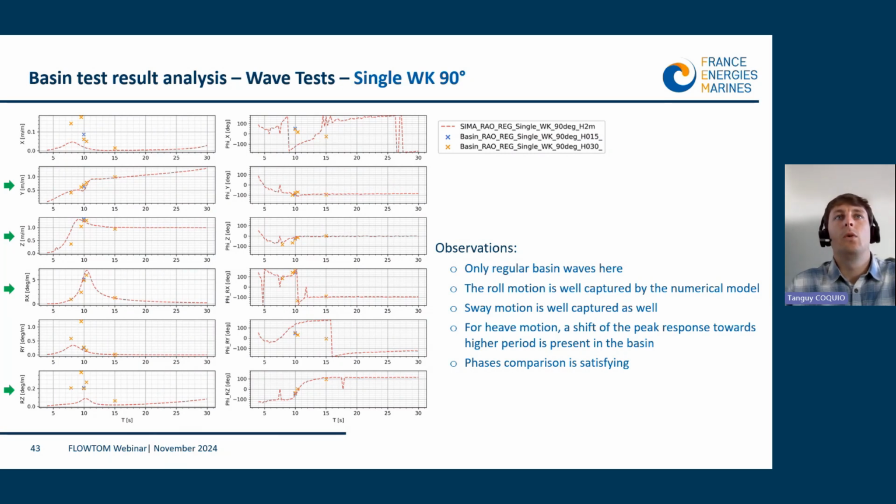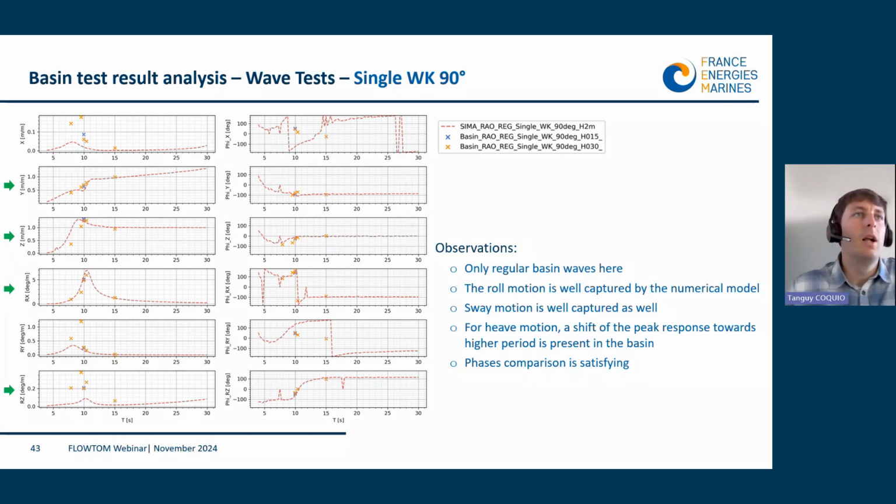In this first result, we can see the single vessel with side waves, so at 90 degrees. There are only regular basin waves here. We can see with the green arrows that only certain degrees of freedom are of interest, because we have the wave from the side. So looking at the surge or the pitch here is not of interest, and we are capturing mostly noise during the test campaign.